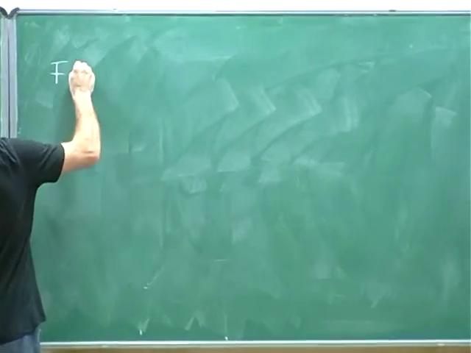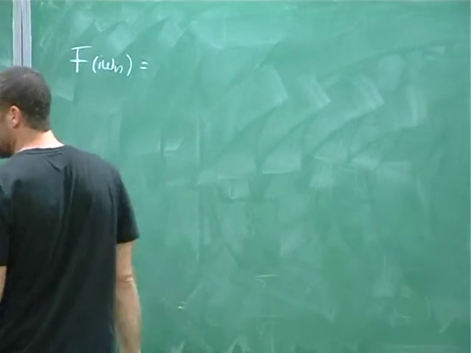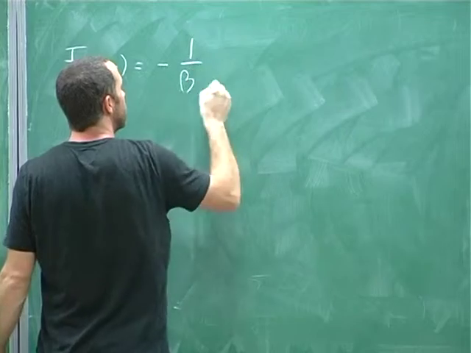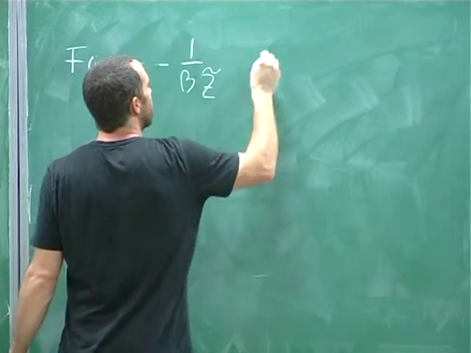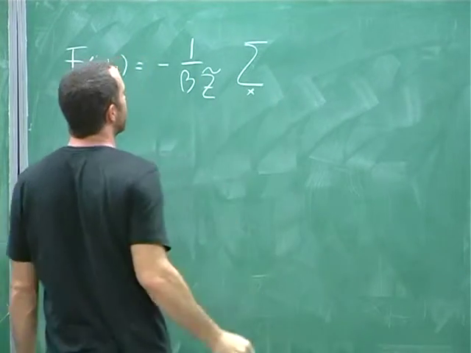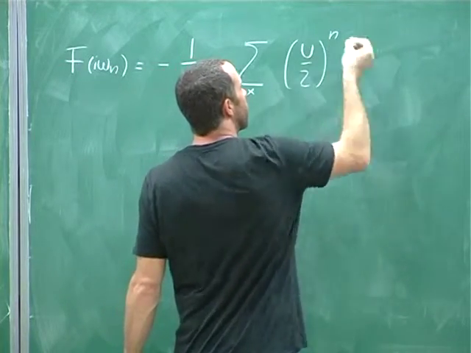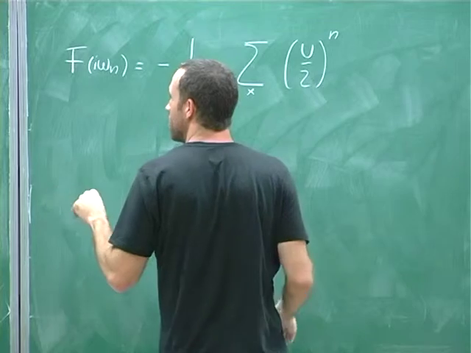So f of i omega n, this is given by, so let me think, it will be essentially 1 over beta, sum over x, and I'll have u over 2 to the power n, and then comes the derivative.